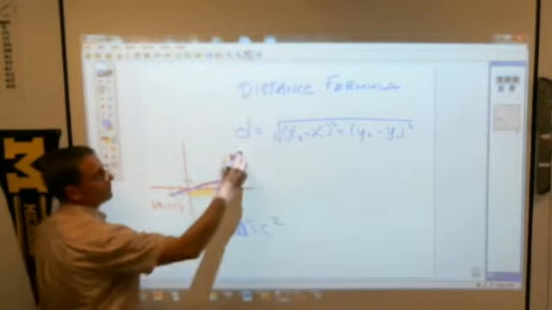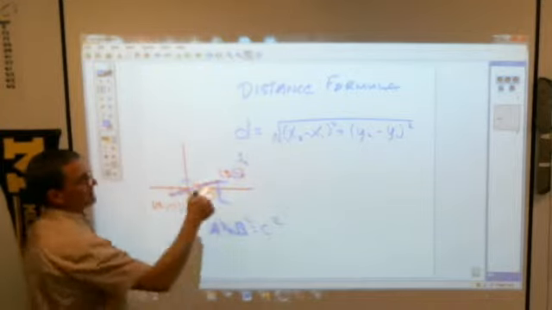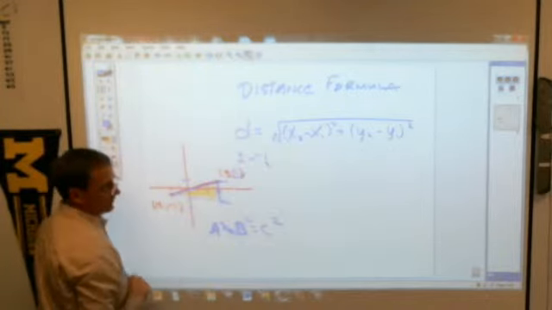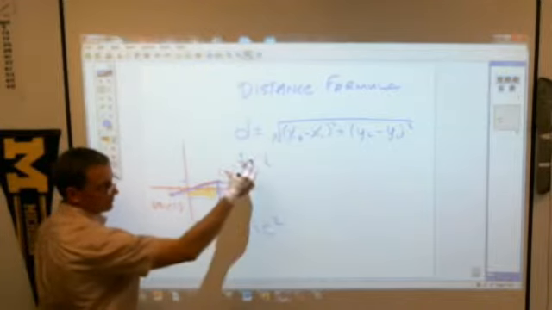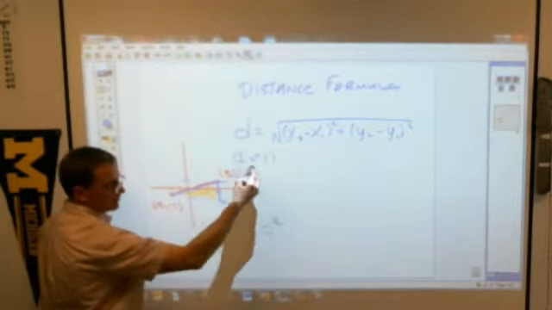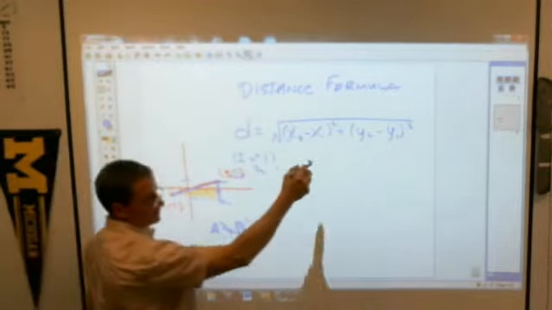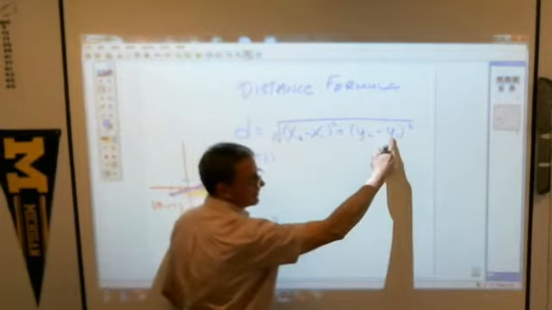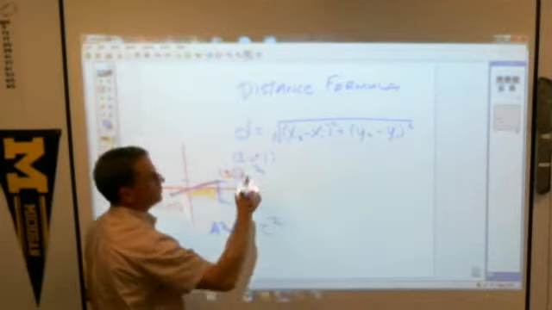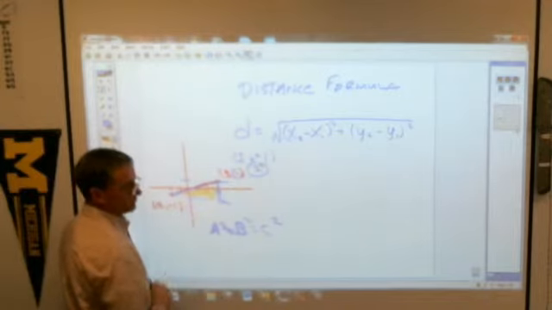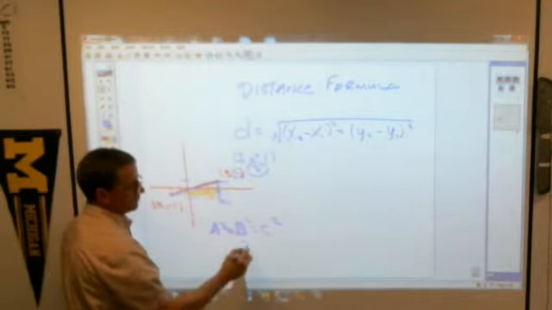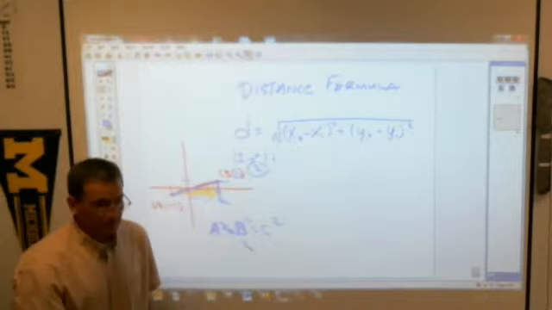Here y is 1. If you take 1 and subtract a -1 from it, you get 1 plus 1, which is 2, which is what this is right here. Y sub 2 minus y sub 1 gives you how tall it is. Same thing for the x.